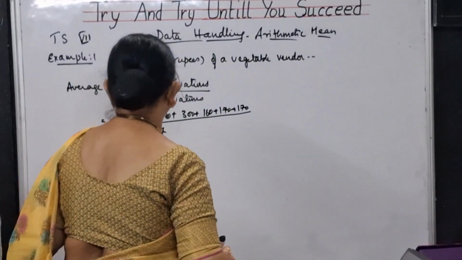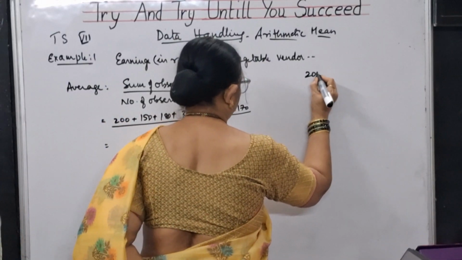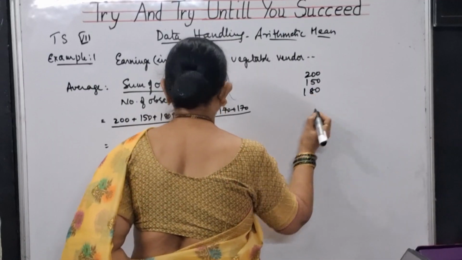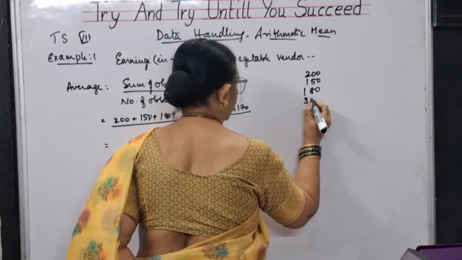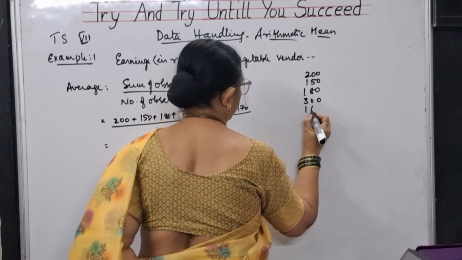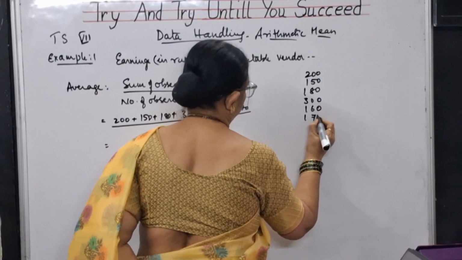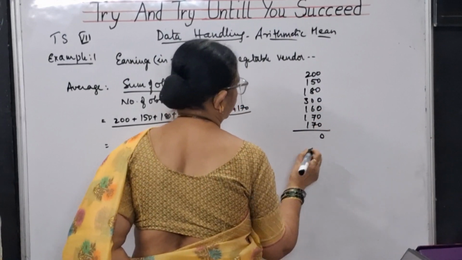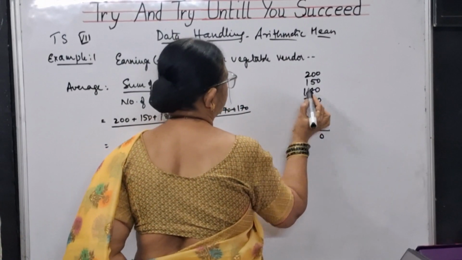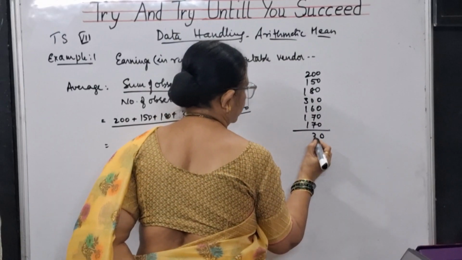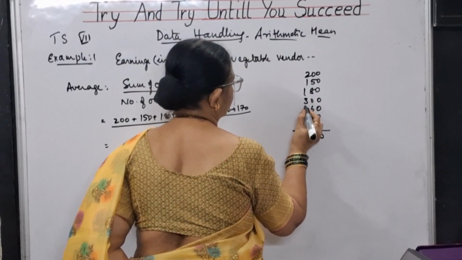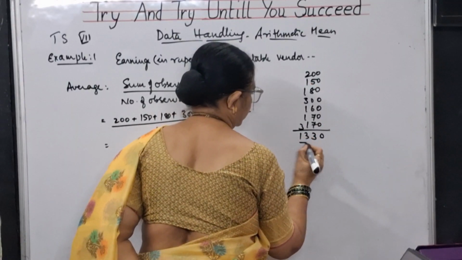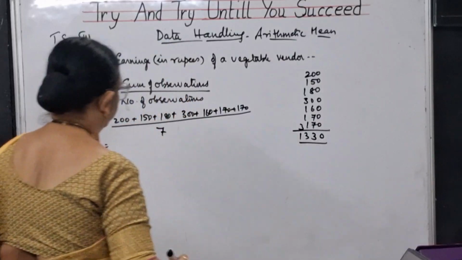So let us add 200, 150, 180, 300, 160, 170, 170. The sum is 1330.